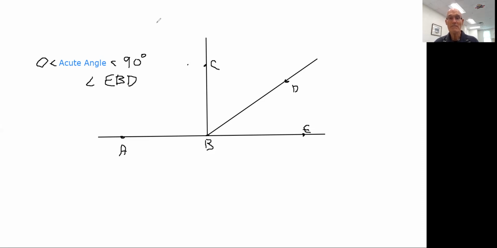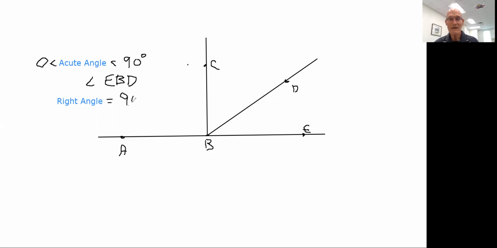Now, the next type of angle is a right angle. In a right angle, the measure is equal to 90 degrees.